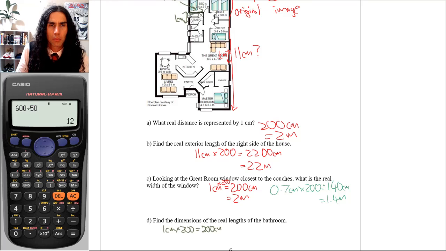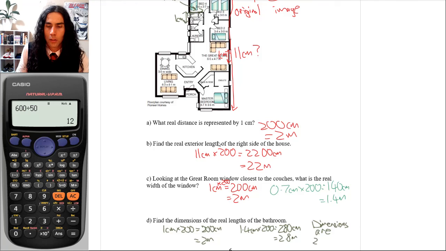So it's 2 meters and then 1.4 we said. 280. So right, the dimensions are 2 meters by 2.8 meters.